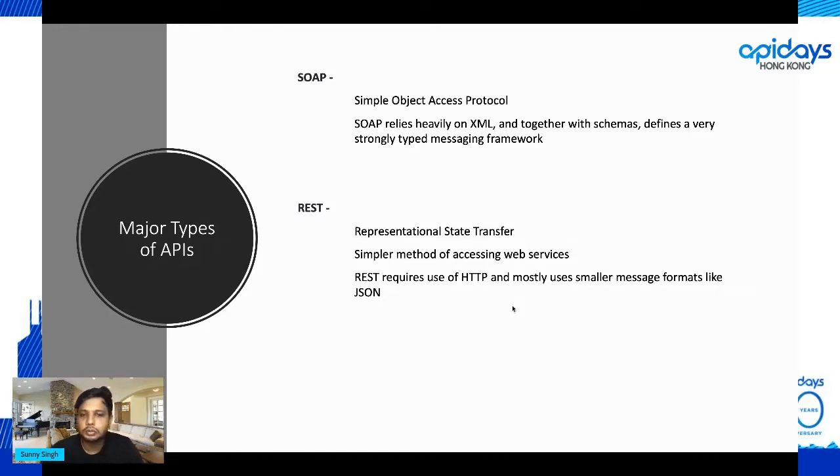SOAP is the Simple Object Access Protocol, and it utilizes XML for transfer of data from one end to the other. Whereas REST is a stateless protocol which mainly utilizes HTTP to transfer the data, mostly in plain XML or JSON format.